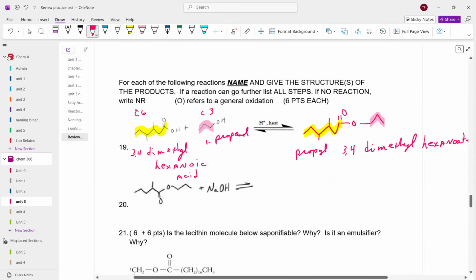Okay, so this is going to be the acid, alcohol, ester. So with esters, we name the alcohol first, then the acid with an OH ending.